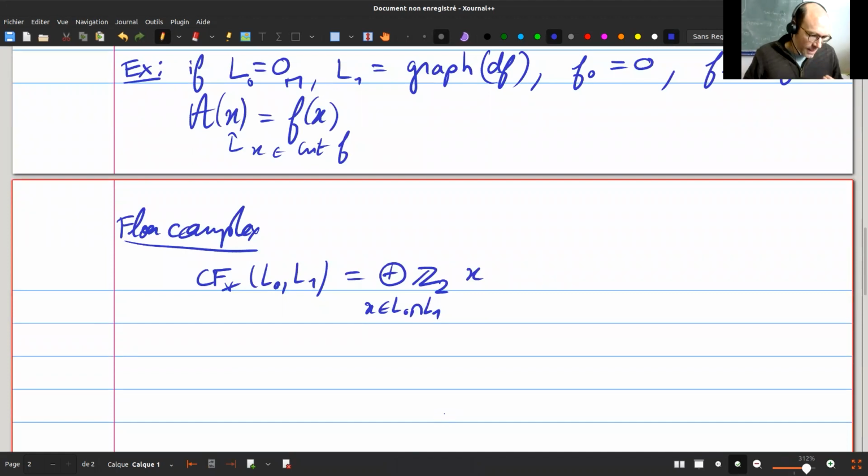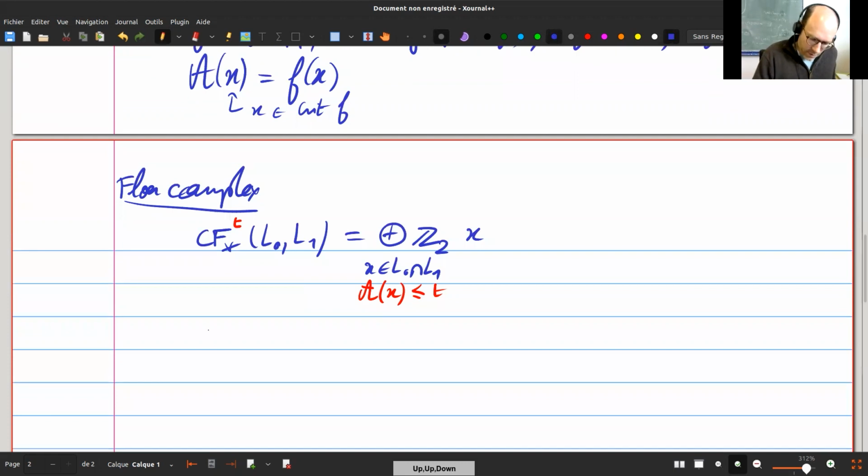There are some subvector spaces, so I can add a subscript T here. This will be the subspace which is generated by points x with action less than T. I can consider these subspaces.